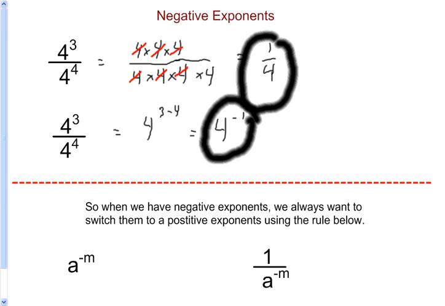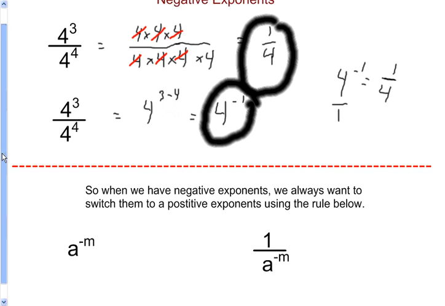So when we put those together, we get that 4 to the negative 1 is equal to 1/4. This is how we get negative exponents. If we have a negative exponent, we take the reciprocal, or we flip it. So 4 to the negative 1 is the same as 1 over 4, because we flip this value over.